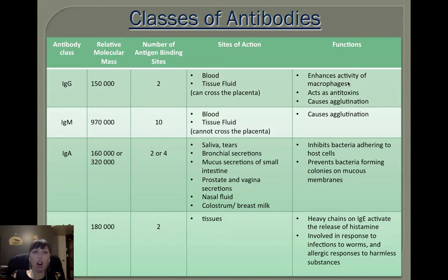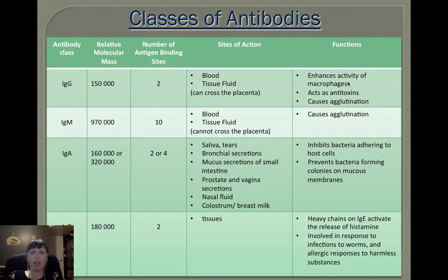Okay, so here are the 4 classes of antibodies that you are required to know. I don't think you need to necessarily know the exact relative molecular mass, but you just need to understand which ones are smaller and which ones are larger. And you do need to know the number of antigen binding sites on each of these, the sites of action, and the functions.